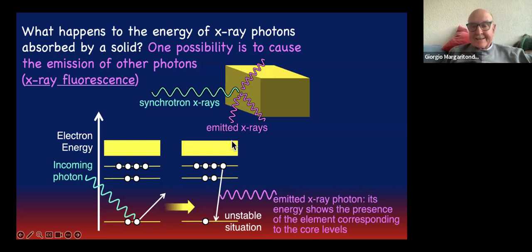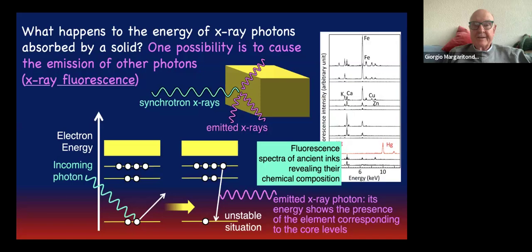Now, this is characteristic of the position of the core levels. And so once again, by looking at this emission of X-rays, you can measure the photon energy and you can understand what are the elements. So it is a tool for chemical analysis, which is in fact very widely used.